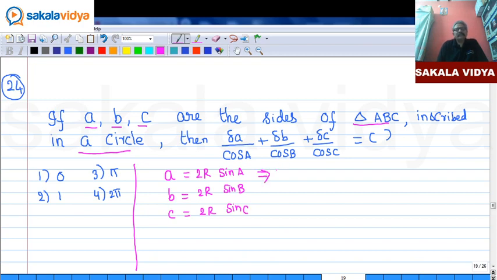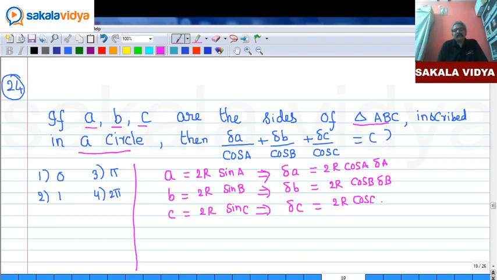Finding the differentials with respect to capital A, delta a equals 2R cos A delta A. Similarly, delta b equals 2R, constant, sin B differentiation cos B, delta B. Here delta c equals 2R cos C delta C. Now add: delta a by cos A plus delta b by cos B plus delta c by cos C needs to be evaluated.